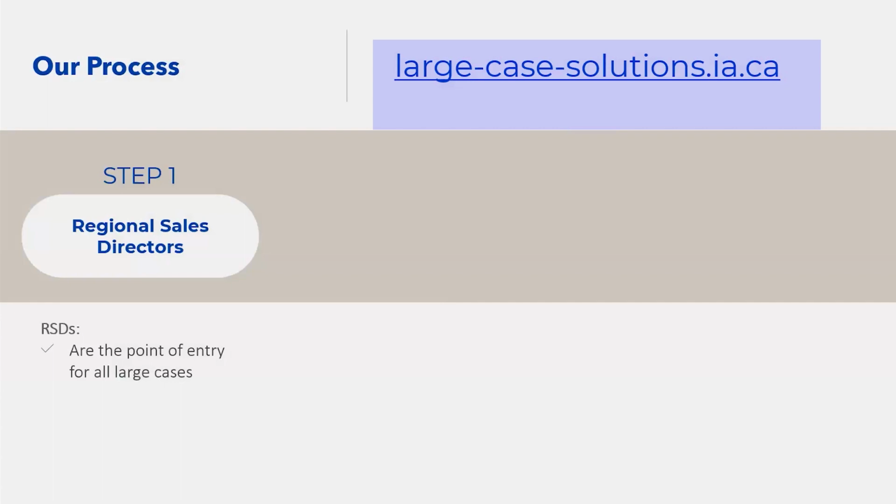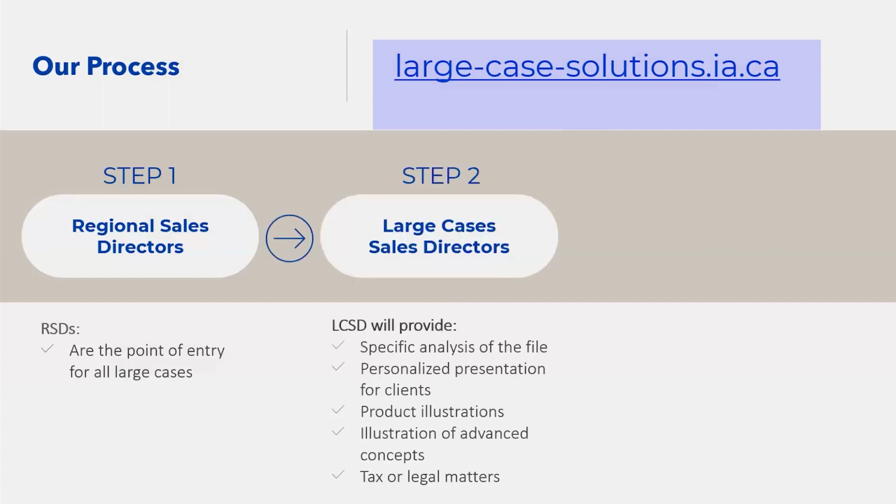As I mentioned, your first point of call is going to be your regional sales director on the life side. They are going to point you in the right direction on what you need to do to move to the next step. Your regional large case sales director will be able to put together the concept piece for you, maybe answer some questions.